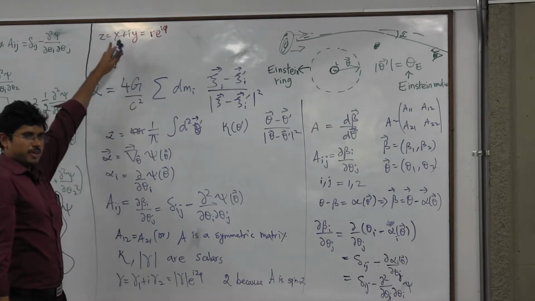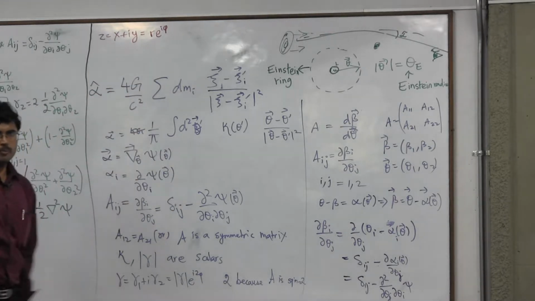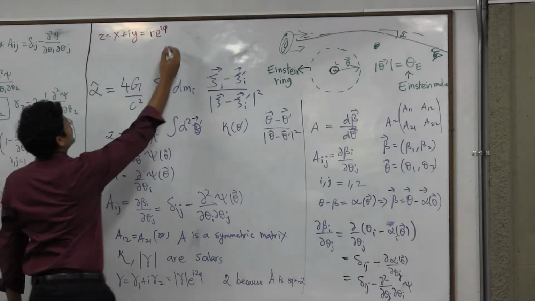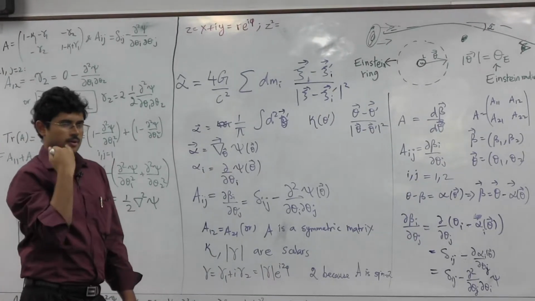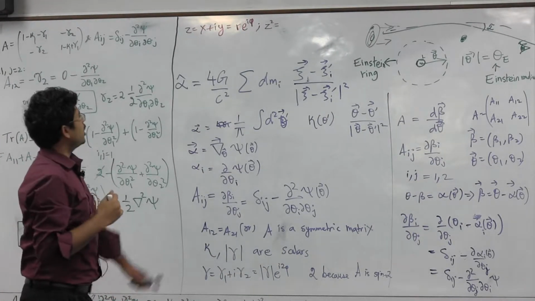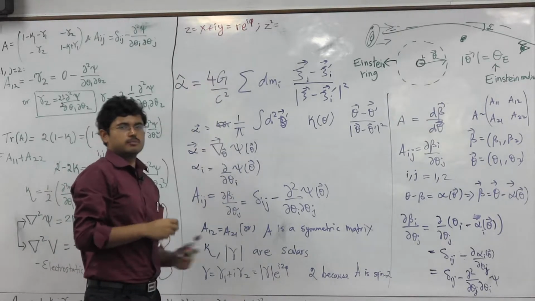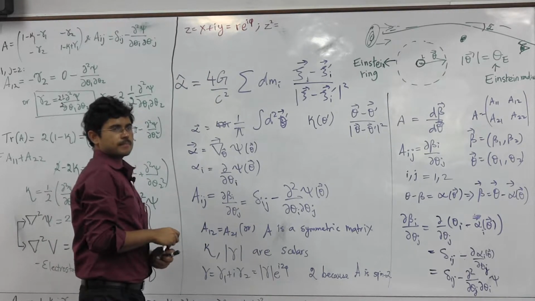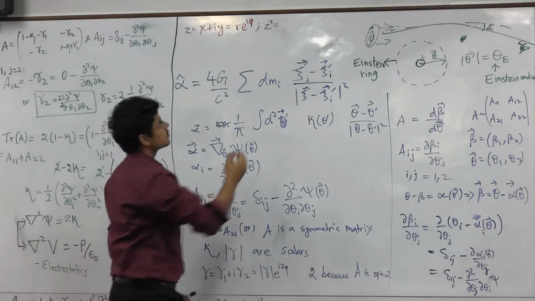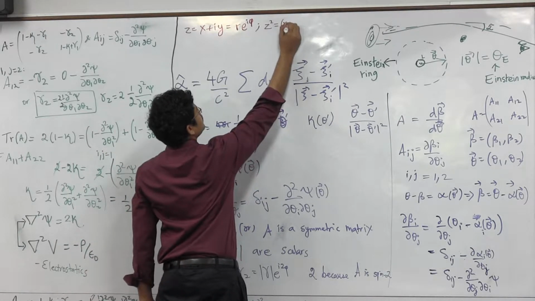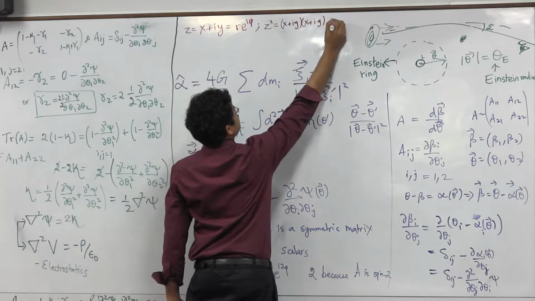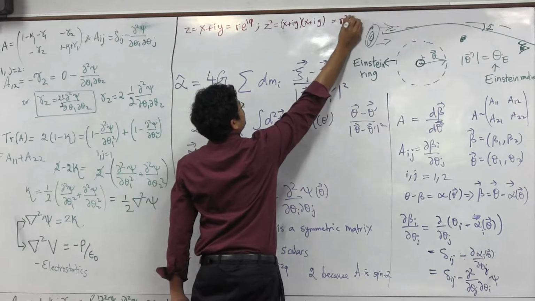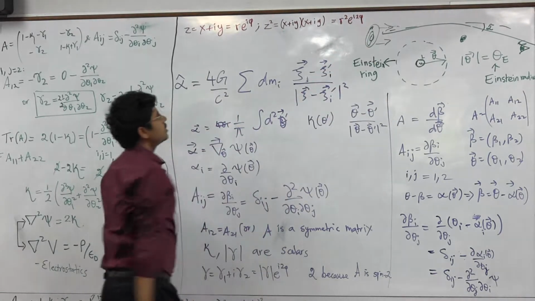I'll write the complex number in both Cartesian xy and polar form. What about the square of this number? What is it in Cartesian form? So what happens if you just square this complex number? The polar form is easy, right? It's just r squared e to the 2i phi.